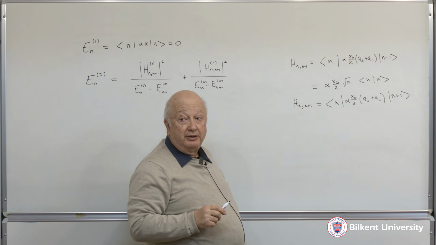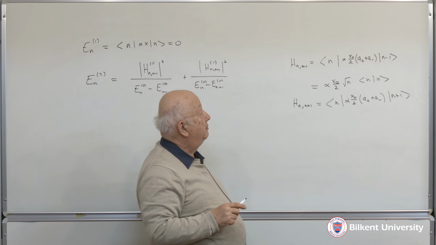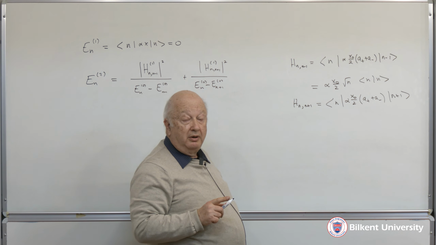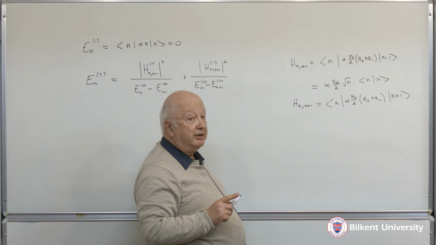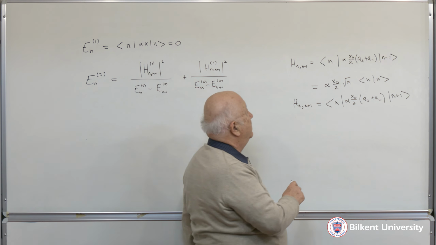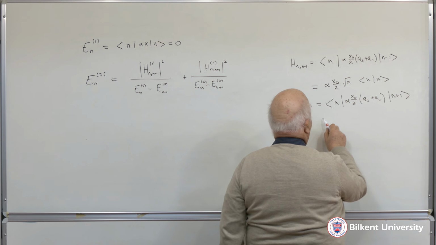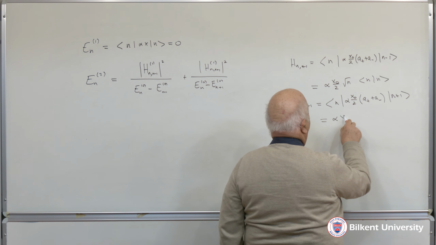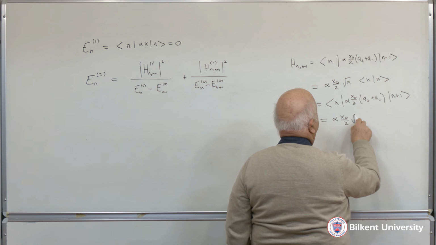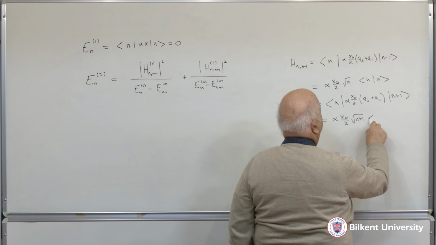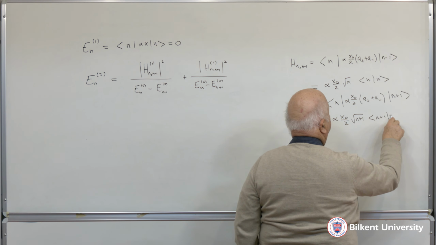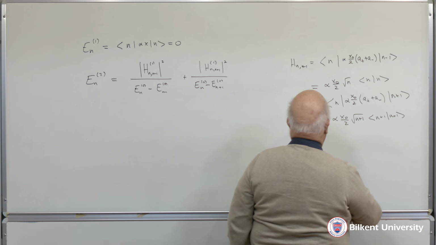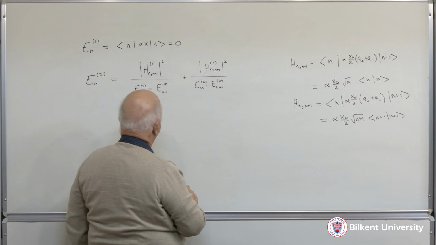So now what do I get? Square root of n plus 1, right? So this is going to give me alpha x0 over 2 times square root of n plus 1 times n plus 1. Okay, so I guess now you know where this is going.